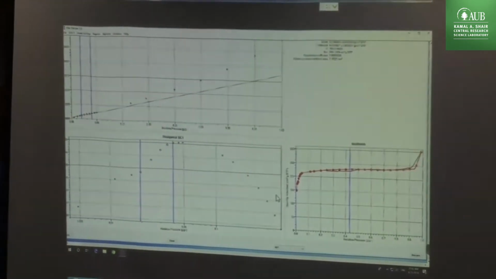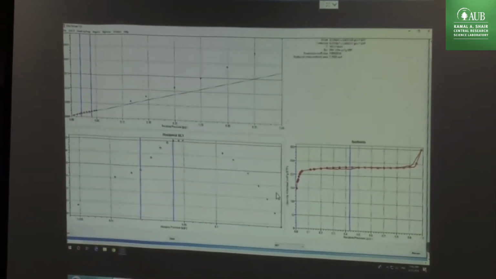Because the sample is clean and the nitrogen is already desorbed, so the sample is very clean. So we adjust this for the sample weight, and we get the BET surface area. It shows slope, intercept, C value, and then you have to adjust the BET surface area for the coefficient.